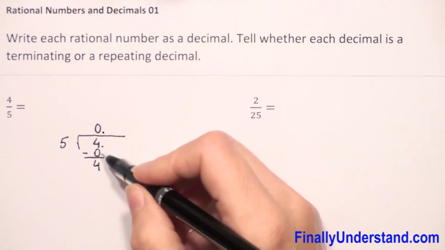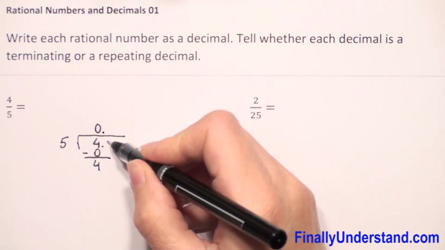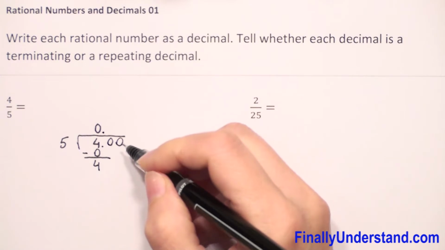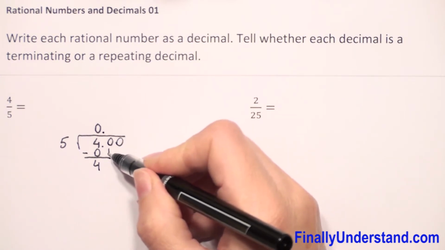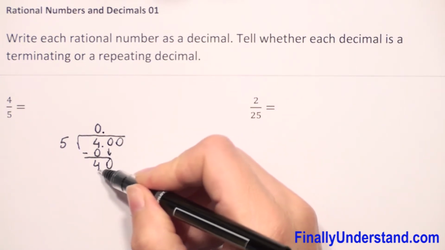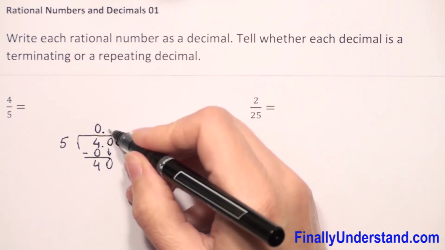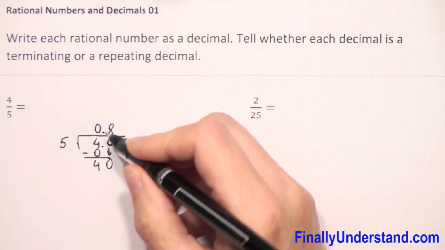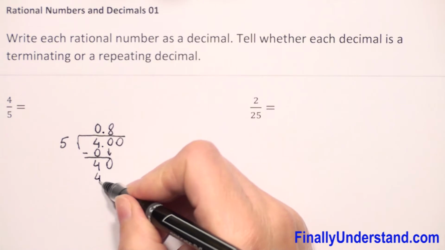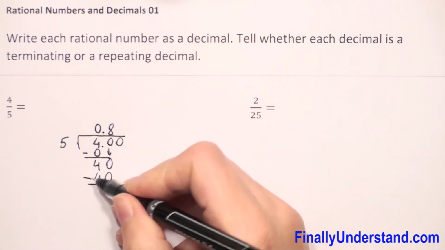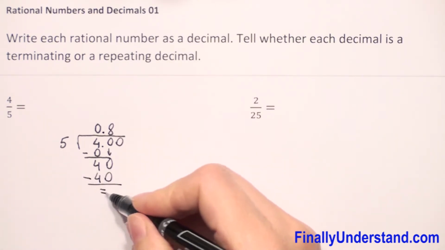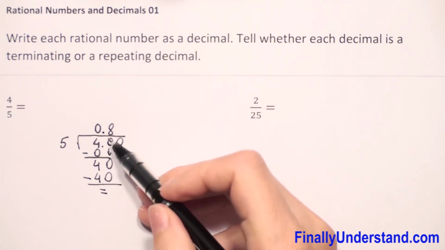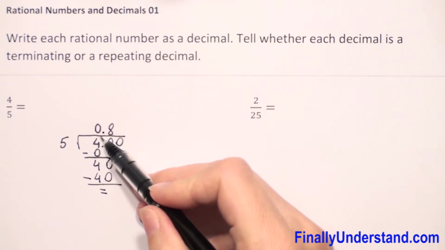Because we didn't finish our division, let me add, for example, 2 zeros. Now we take 1 0 down, so we have 40 divided by 5 is 8. 8 times 5 is 40. Subtraction, 40 minus 40 is 0, so we finish long division, and our answer is 0.8.